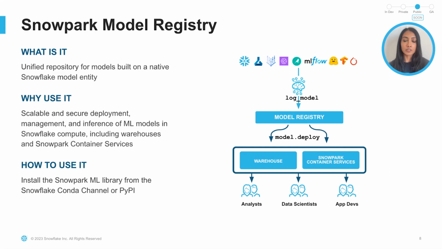The second focus area is around Snowpark ML's machine learning operations offerings, which includes a model registry API for model management and deployment. This includes deployment and management of models coming from Snowpark ML, PyTorch, TensorFlow for deep learning, open source LLMs from Hugging Face, and so on and so forth. Our goal is really to make models useful.